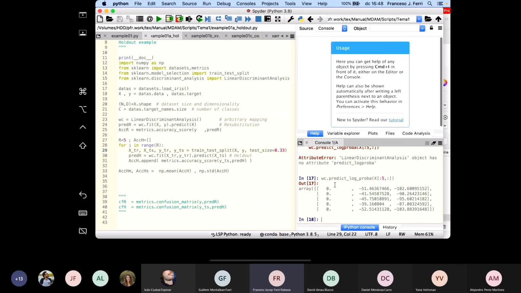All of them are valid discriminant functions of the same classifier. Not all the classifiers have this possibility, but most of them have.